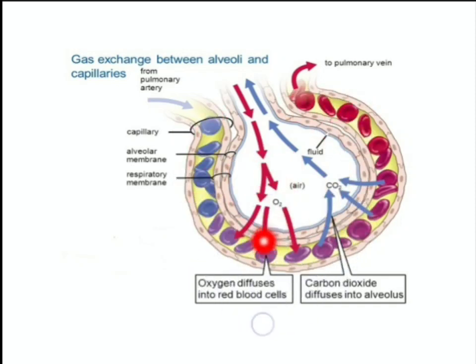Oxygen will go into the blood, and this oxygenated blood will go to the pulmonary vein, and the pulmonary vein will go to the heart, and the heart will pump this blood to the whole body. We will discuss this when we discuss the transportation part. Then I will tell you what the pulmonary vein and the pulmonary artery are.